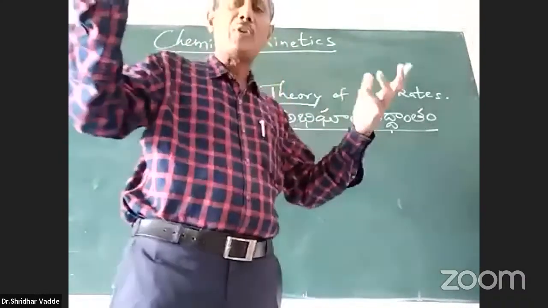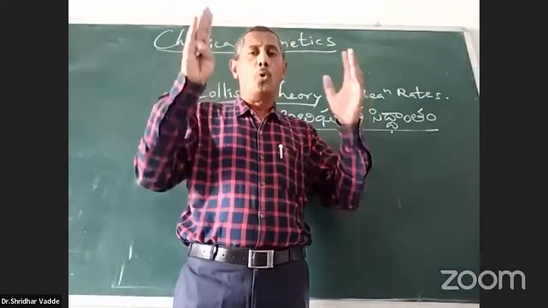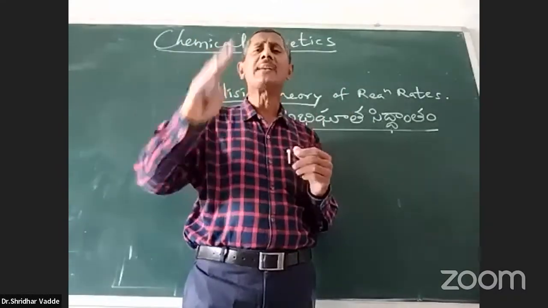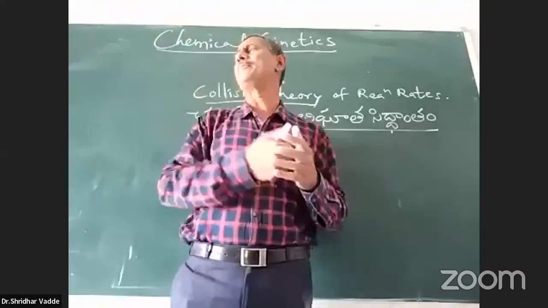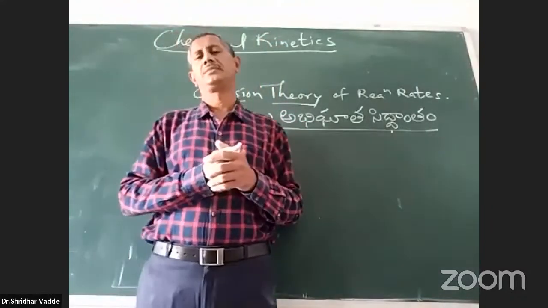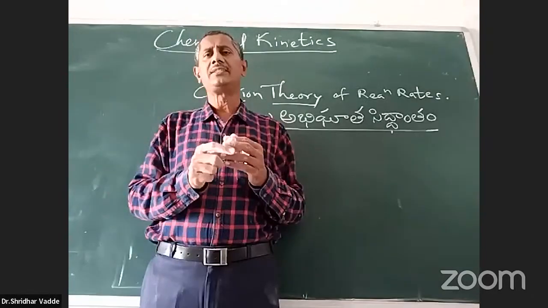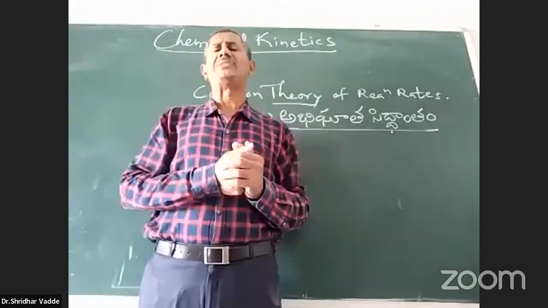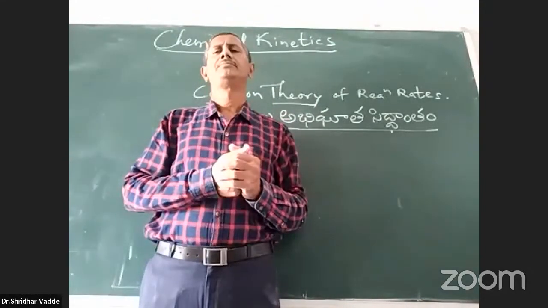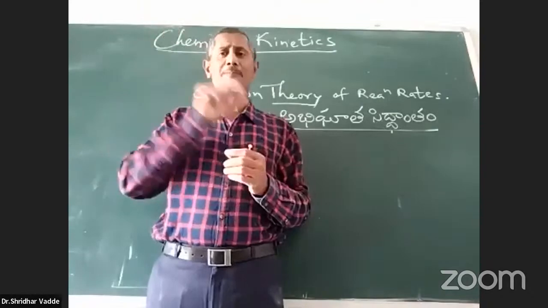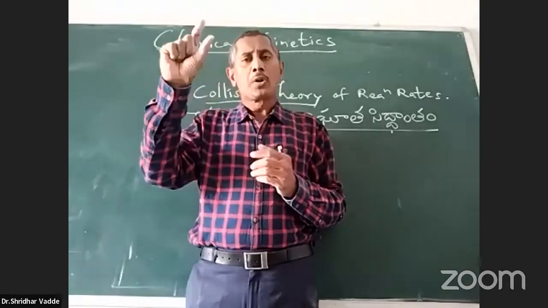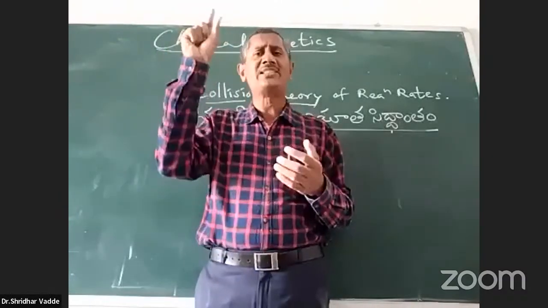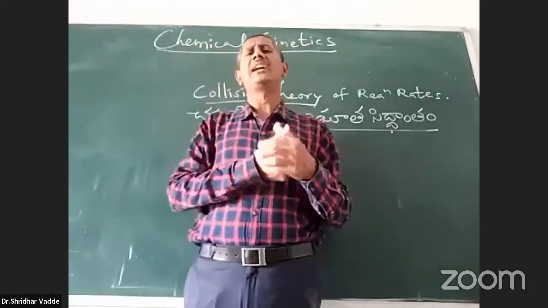Then what type of collisions will give the products? Only the collisions between the molecules which have some optimum energy are capable of giving products. కేవలం కొంత శక్తి లేదా తగినంత శక్తి గల అణువుల మధ్య అభిఘాతాల వలన మాత్రమే మనకు క్రియాజన్యాలు ఏర్పడతాయి.